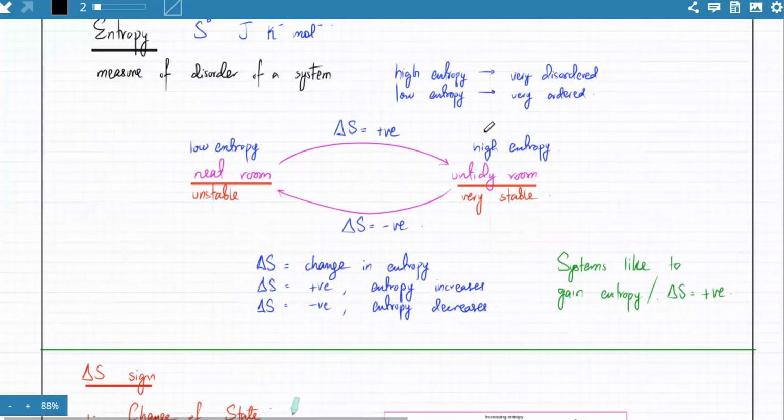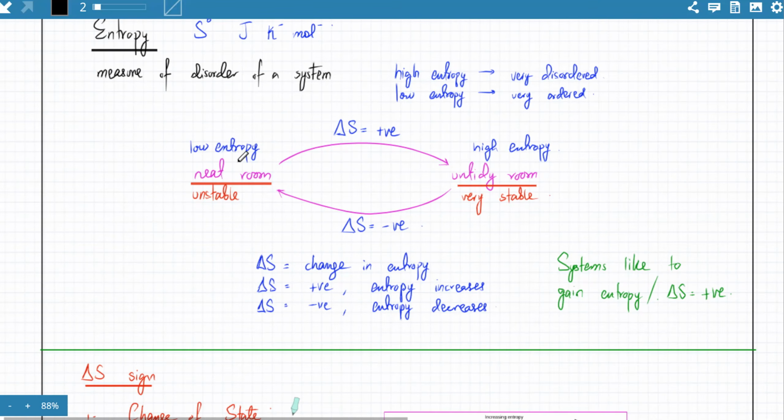Okay. And I told you that high entropy states are very stable. If you have an untidy room, it would remain untidy, right? So it's a stable state. It won't change. But if you have a neat room, keeping it in a neat and tidy, low entropy state is kind of difficult.